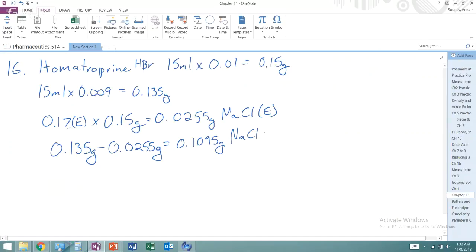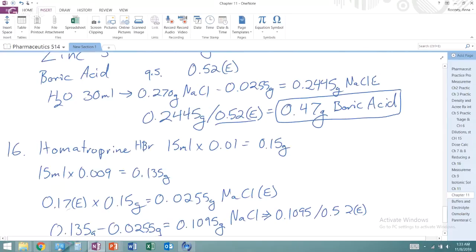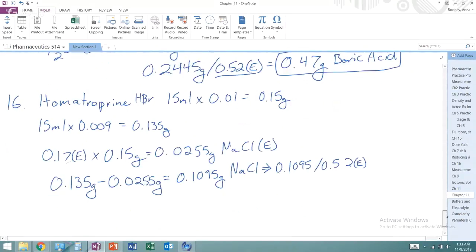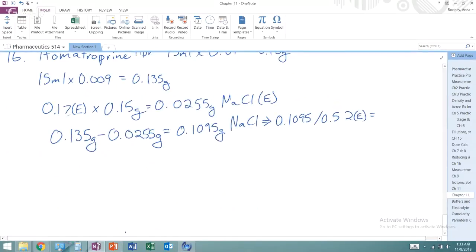So to convert it to boric acid, we take 0.1095 and then divide it by 0.52, which is the E value for boric acid, if you remember correctly from, I believe, the previous question. And find that is 0.21057 grams boric acid. That you would have to add to make this isotonic.